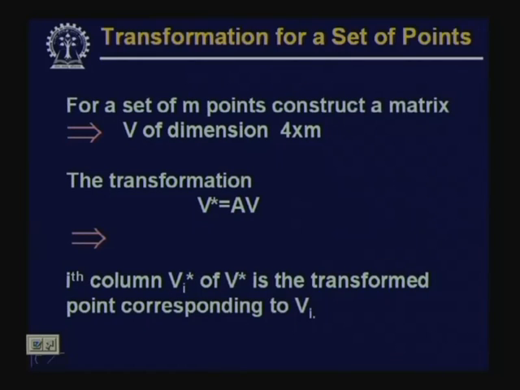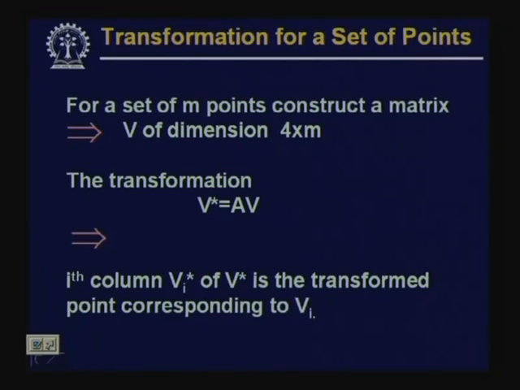That is, every individual point, in the unified form, will be considered as a column vector of this matrix of dimension 4 by m. Then we apply the transformation A to this entire matrix, and after this transformation we get the new matrix V star, which is given by the transformation A multiplied by the matrix V.